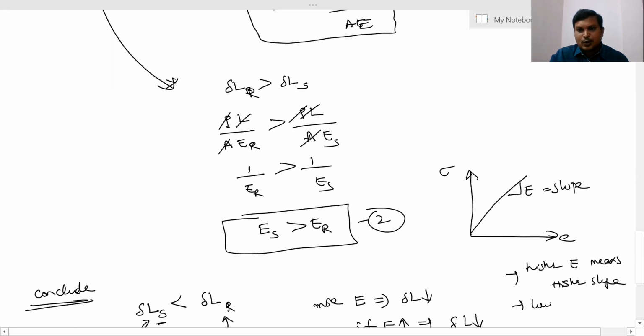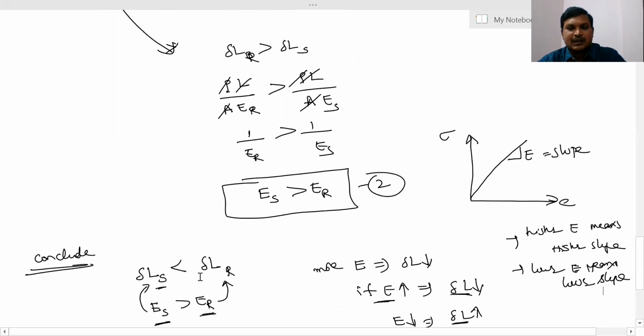Am I right? Lower E means lower slope. Am I right? So we can observe here that ES, the Young's modulus of steel, is greater than Young's modulus of rubber. So Young's modulus E is nothing but the slope of this stress strain diagram.